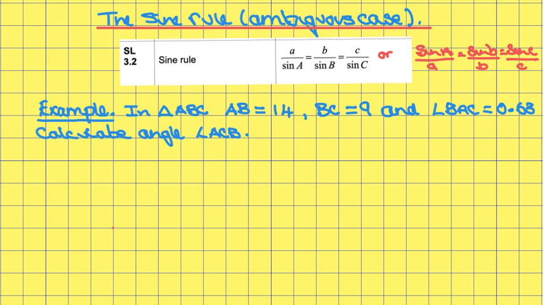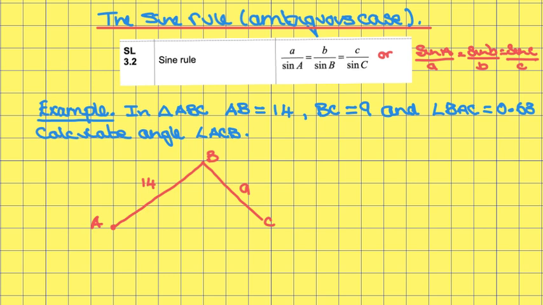So if we go from A to B, so that's A, that's B, and we know that that is 14. There you go, from B to C, and we know that that is 9. And we also know that the angle BAC is 0.63 radians.